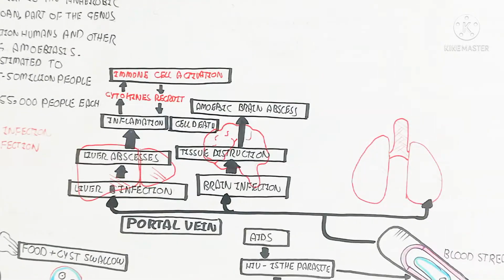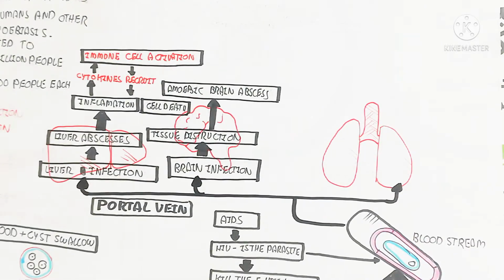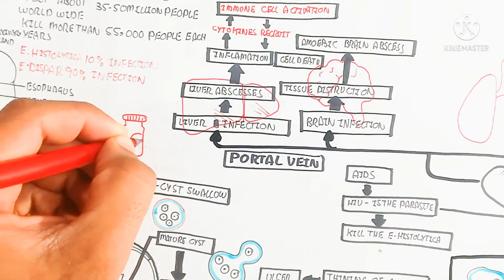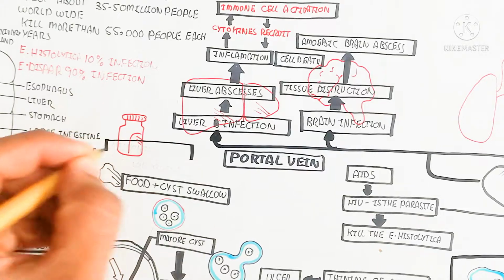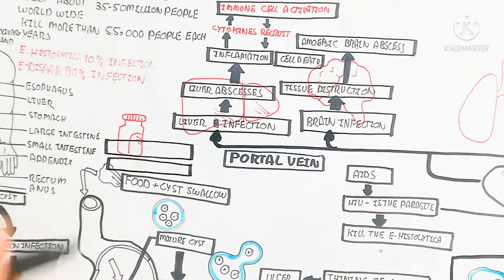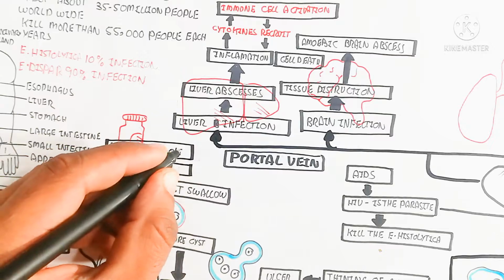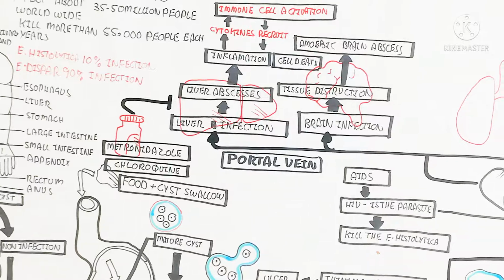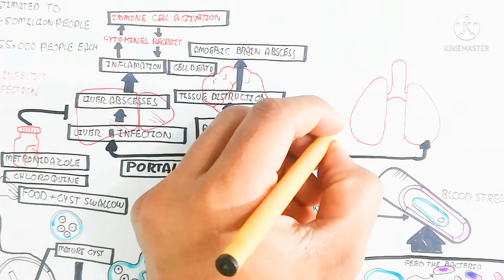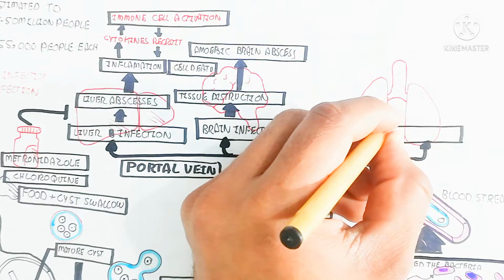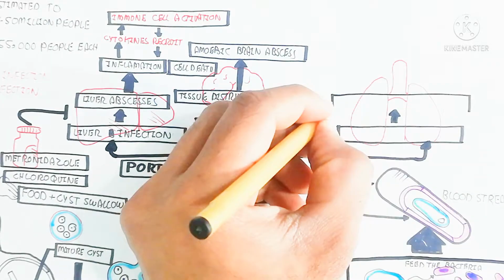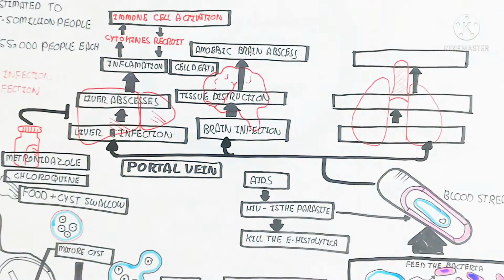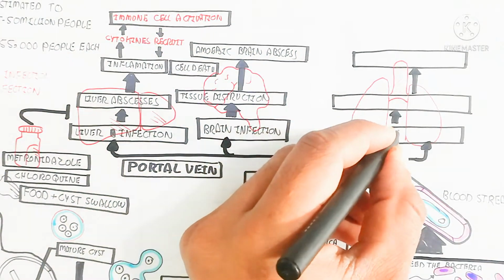On the other hand, respiratory tract and lungs infection is due to Entamoeba histolytica, and alveolar sac destruction, breathing problems and pus formation can occur. So lung abscesses will also occur. Here metronidazole and chloroquine are used for the prevention of this infection of the liver. On the other hand, here you can see the lungs infection, alveolar sac destruction, breathing problems, etc. That is important for you to understand.